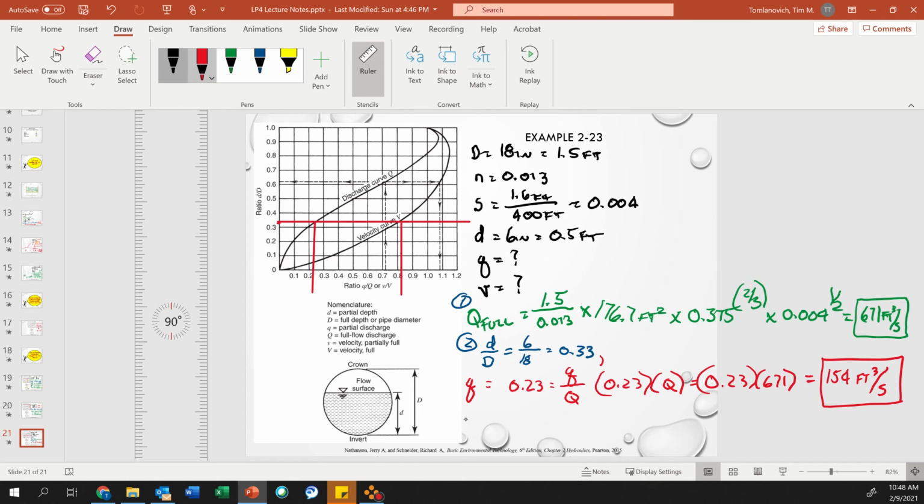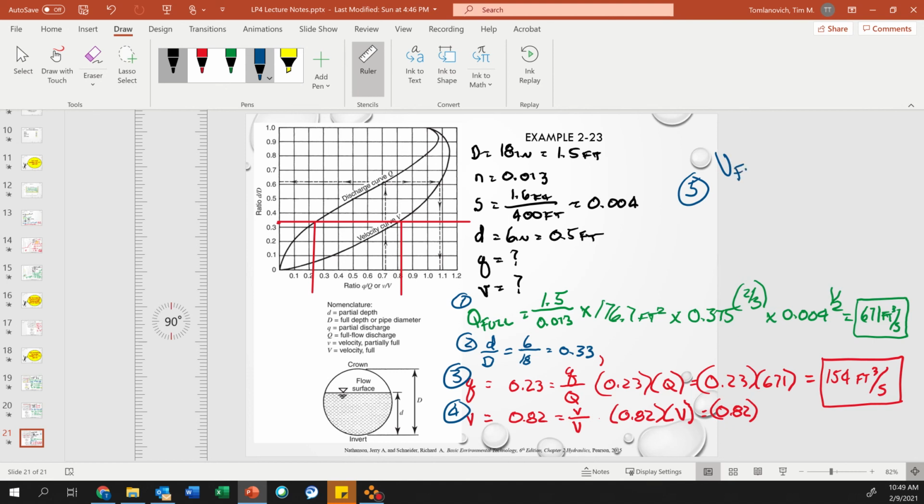Now the velocity. We get 0.82, which equals partial velocity over full velocity. So we take 0.82 times V, the full velocity, but I did not calculate my full velocity. So this is step 3, step 4, step 5.